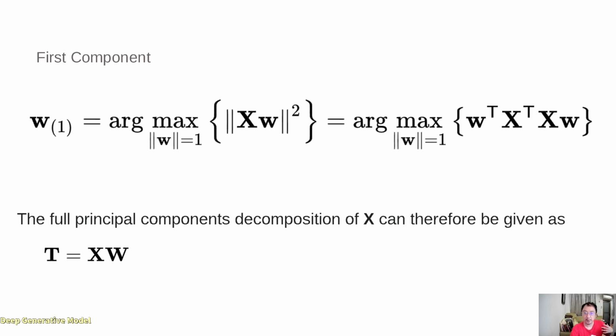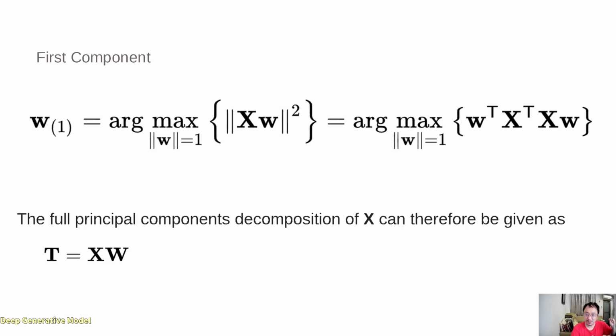So we find the first one, the most important one. After that, we remove the first dimension and do the same thing again. Then we can find the most important one when we remove the first one. Of course, the next one works in the orthogonal space, so it must be orthogonal to the first one.